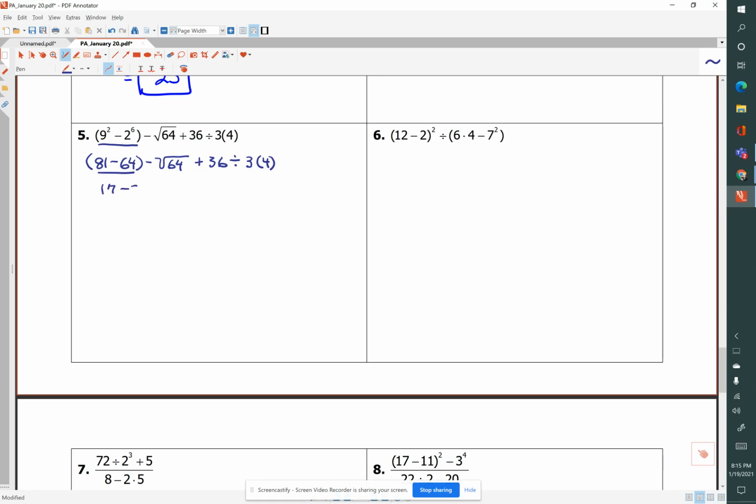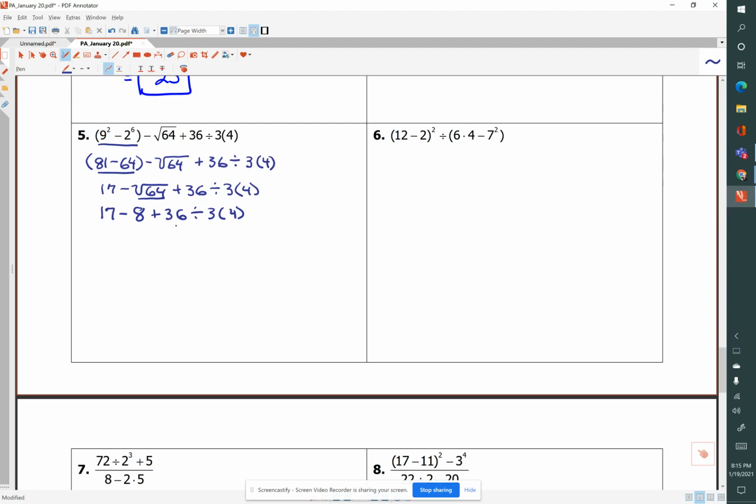And we just rewrite the rest, minus 64 plus 36 divided by 3 times 4. Now let's do the square root of 64. So 17 minus the square root of 64 is 8, because 8 times 8 is 64, plus 36 divided by 3 times 4.